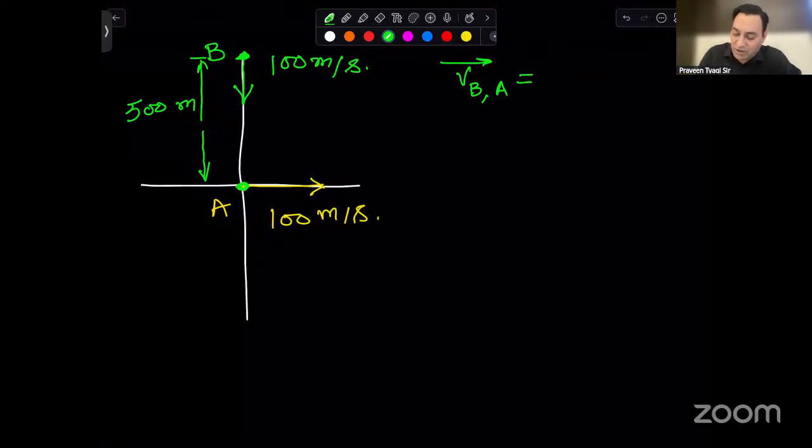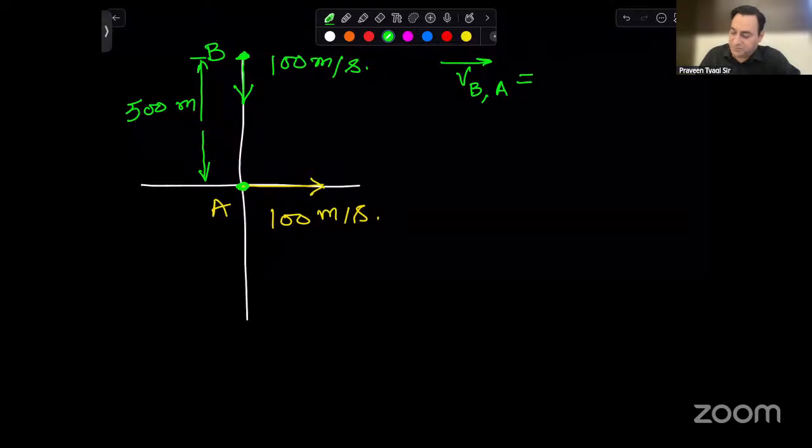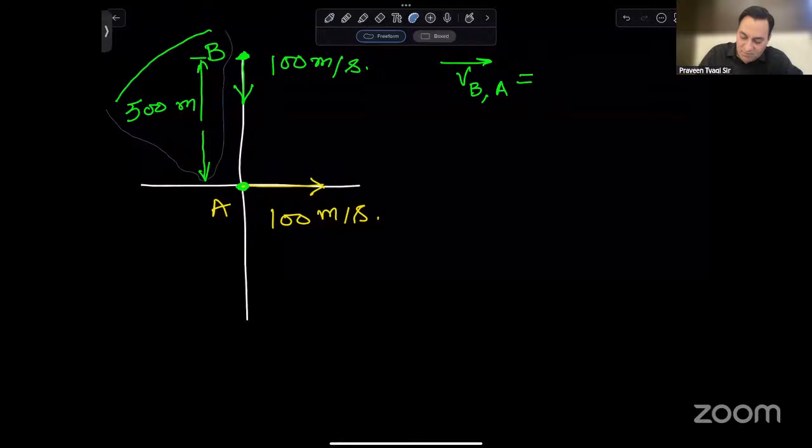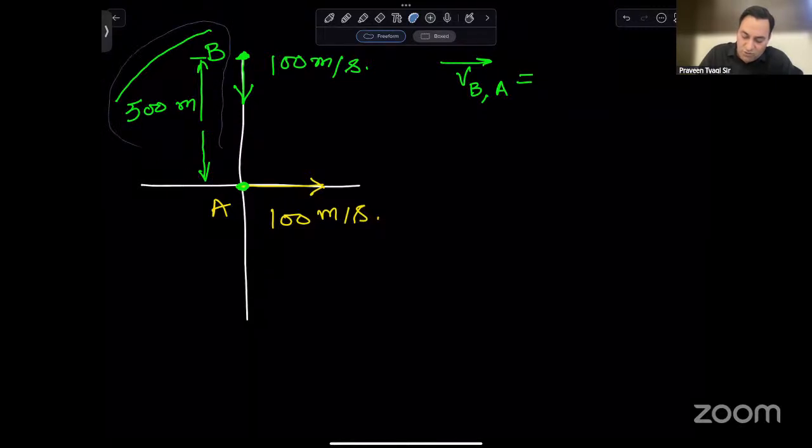Try to plot that on paper. Try to plot how A finds B to be moving.